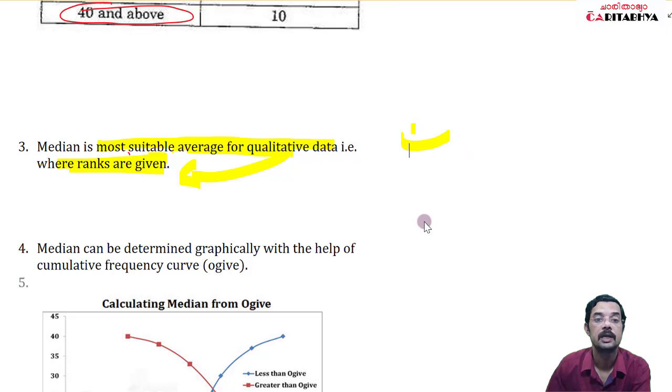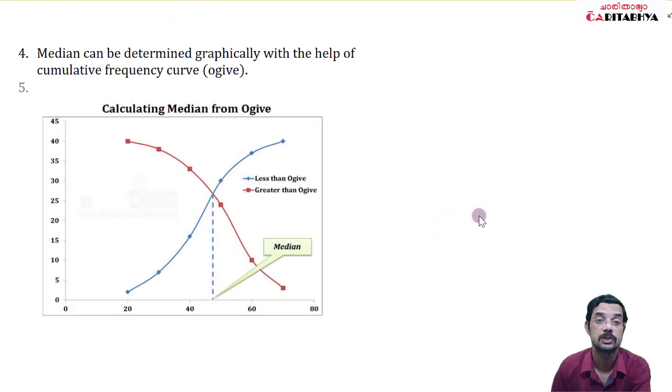Now, median can be determined graphically with the help of the cumulative frequency curve or ogives. We know that this blue line is the less than type cumulative frequency curve, and the red one is the more than type cumulative frequency curve.